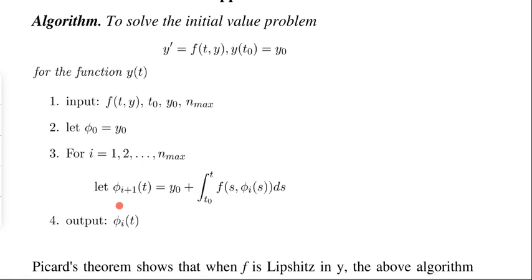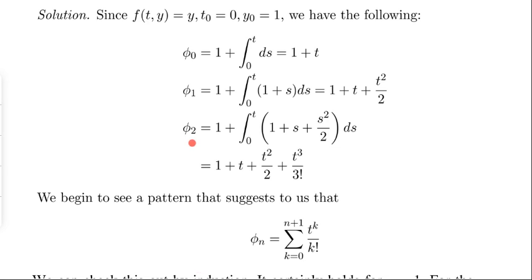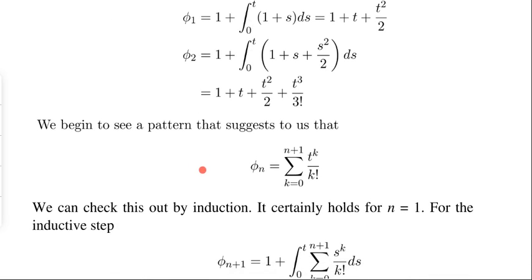Again, by substituting phi 1 in the right hand side, we can obtain phi 2, and continuing this process will result in phi n in this form.